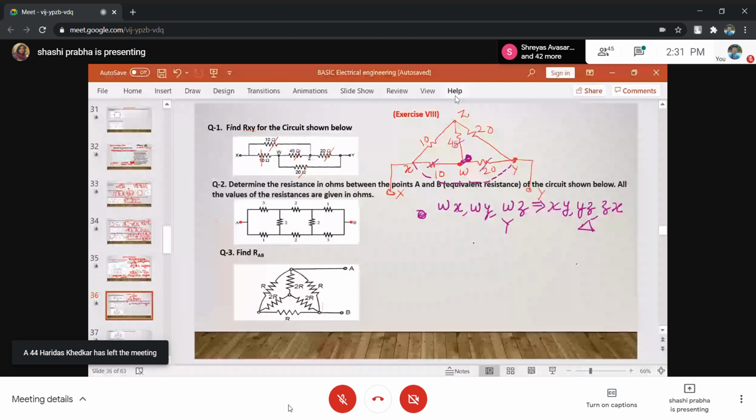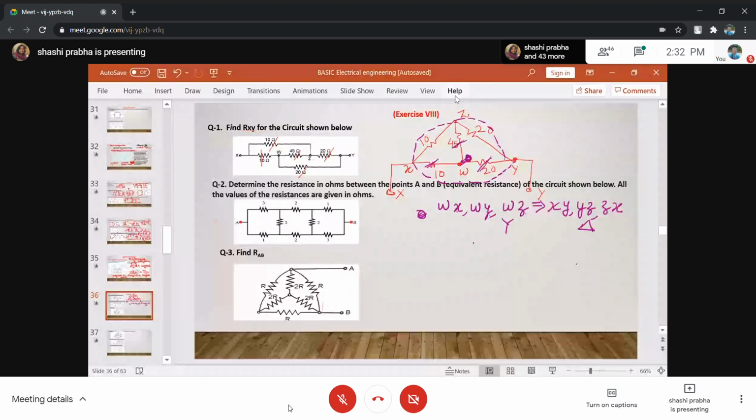Then second is YZ, this one. And third is ZX. I'm losing this branch and this branch, and gaining 3 new branches: XY, YZ, and ZX. So what does the diagram look like?